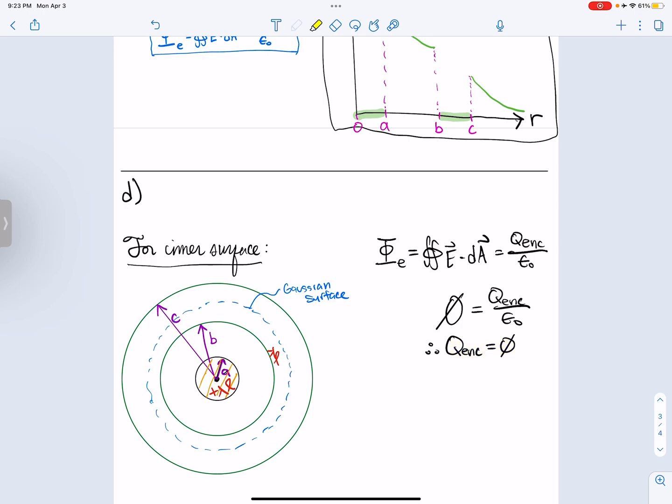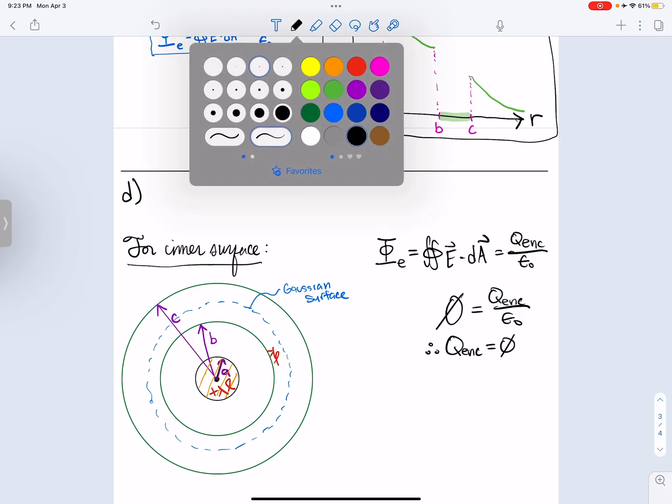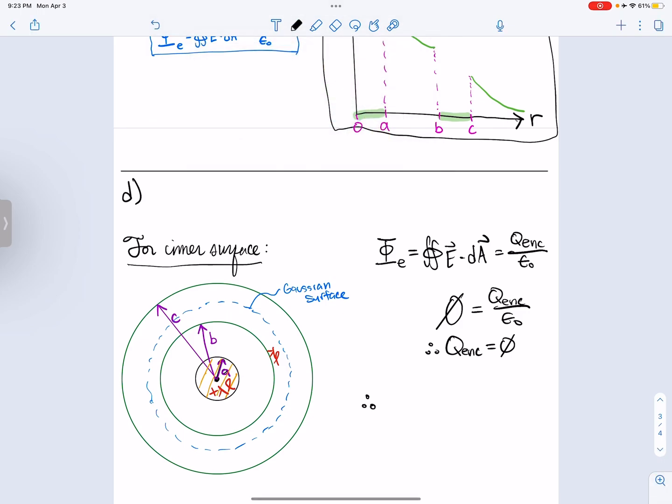So therefore, the charge per unit length on the inner surface of the outer cylinder is negative lambda. That's a charge per unit length.